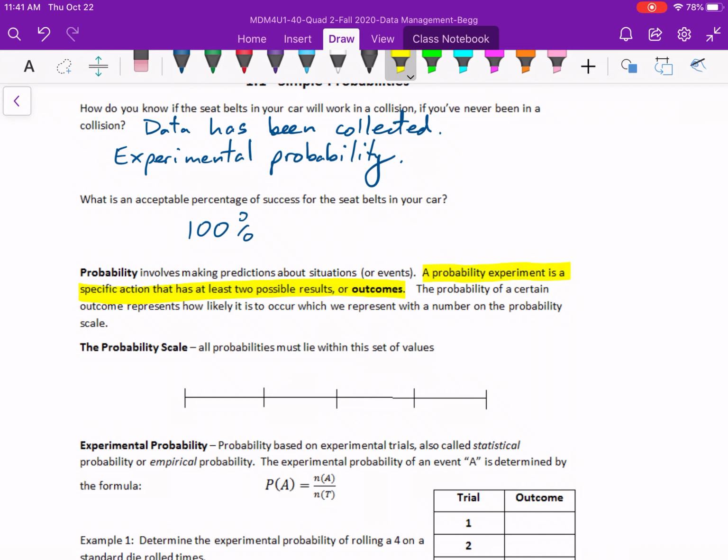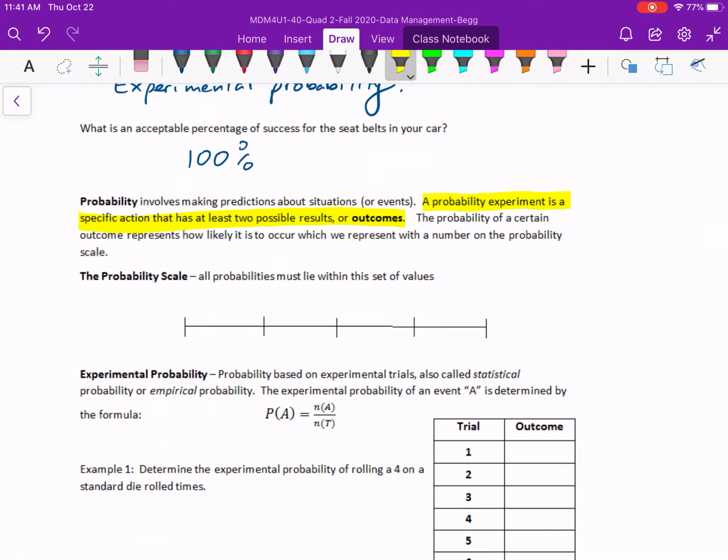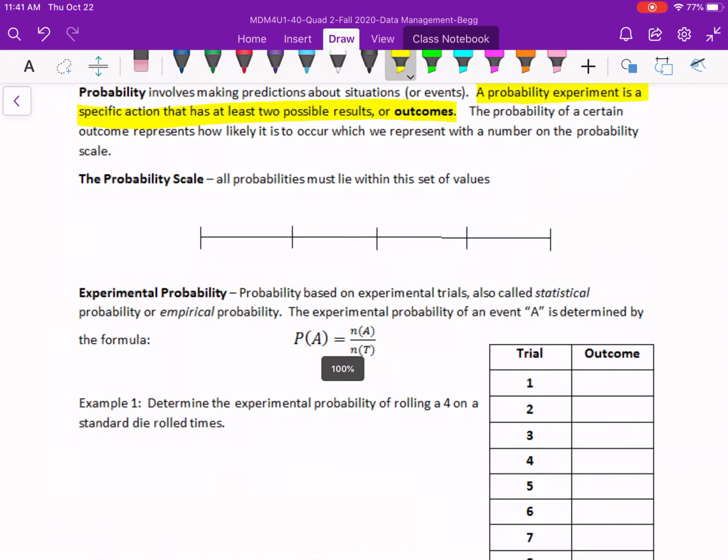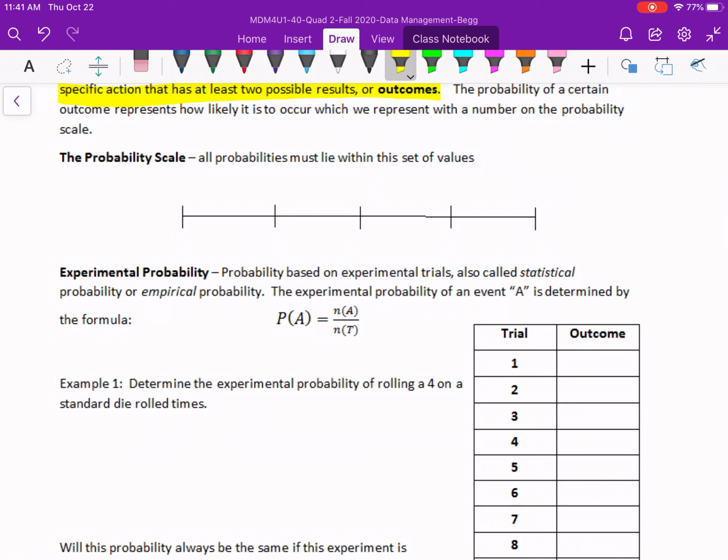And what's the probability that either one of those is going to happen based on real-life events? The probability of a certain outcome represents how likely it is to occur, which we represent with a number on the probability scale. So all probabilities have to lie within a set of values.